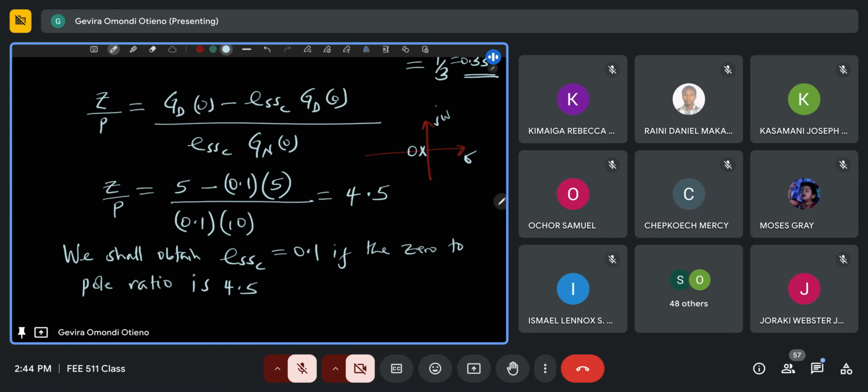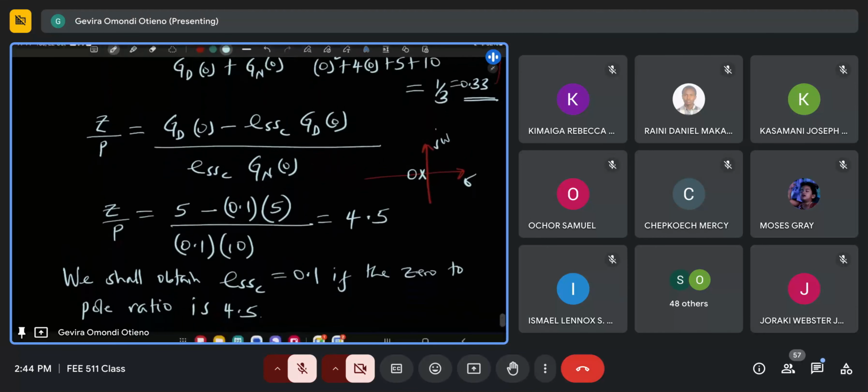That's the significance of obtaining that 0 to pole ratio, because it tells us what ratio of the 0 to pole location will give us a steady state error of 0.1. Now, our system, we had done it previously.